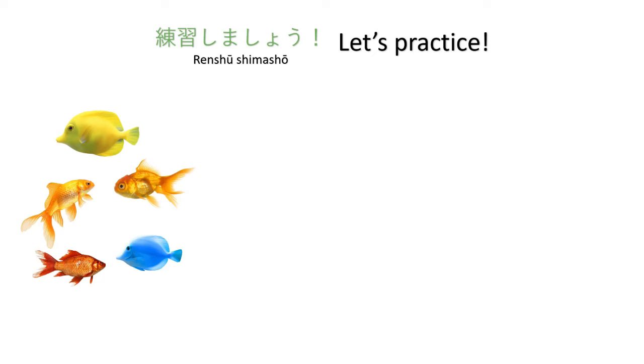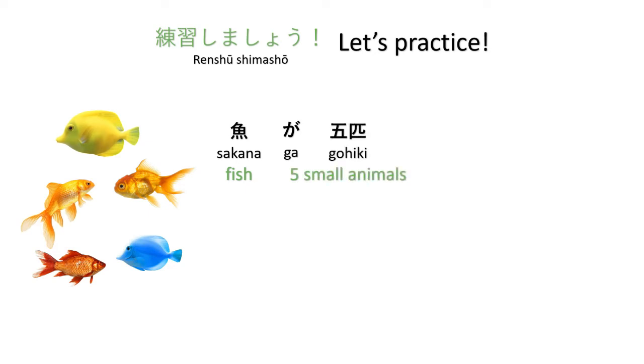Renshu shimashou. Let's practice. Now we're going to formulate sentences using shika or mo, depending on the picture given. So here we have five fish. So fish in Japanese is sakana. Sakana ga. And then we use the counter hiki.